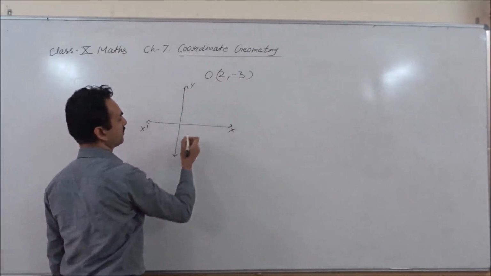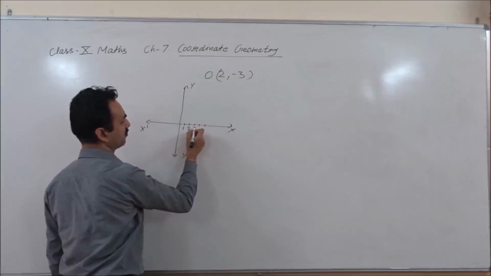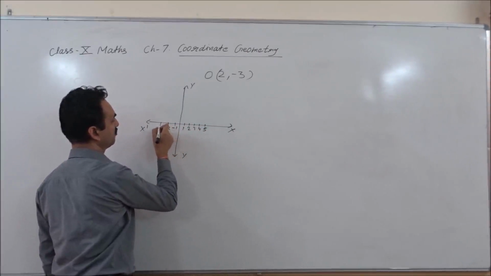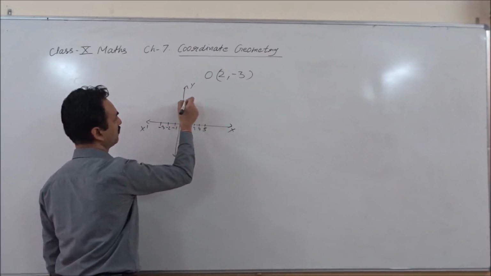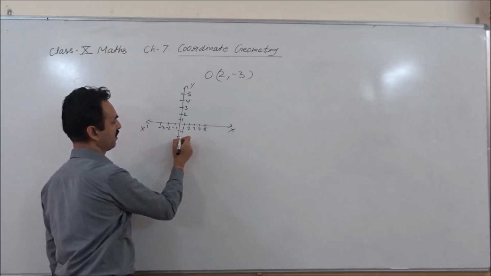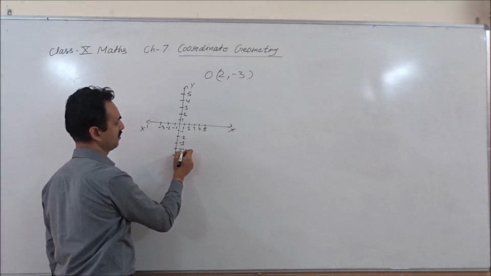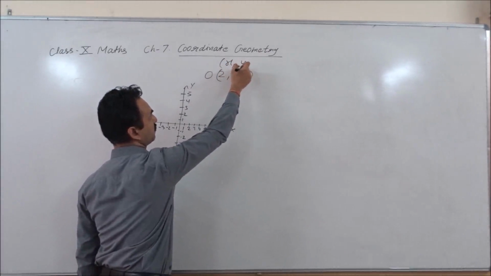2, -3. So 1, 2, 3, 4, 5 on x, and -1, -2, -3, -4 on y. This is x, this is y.